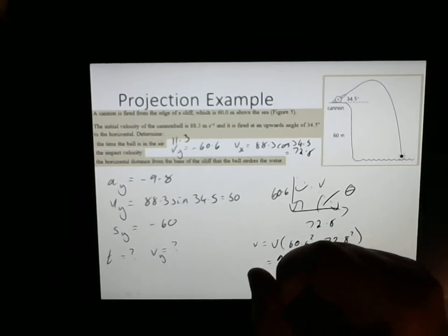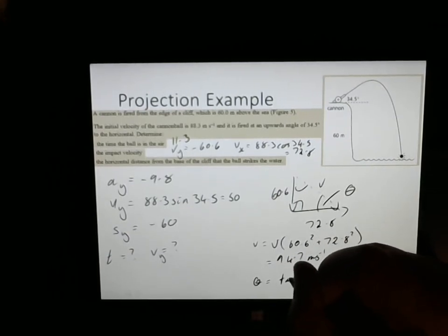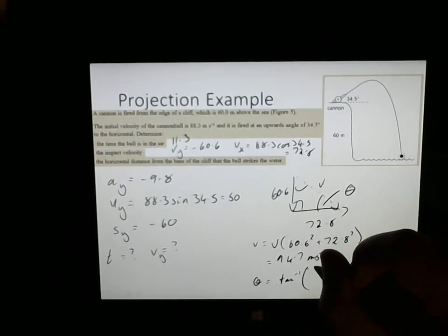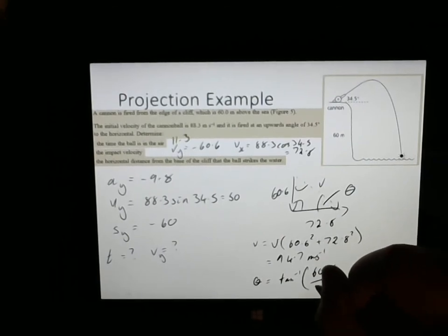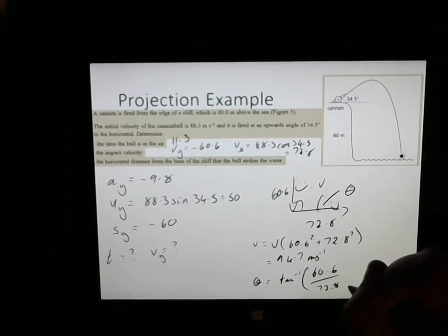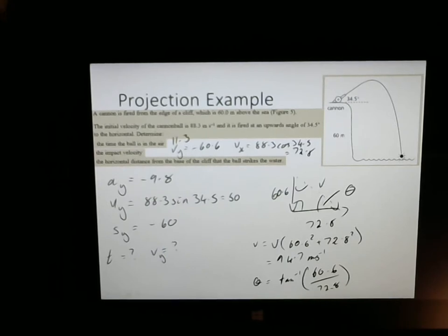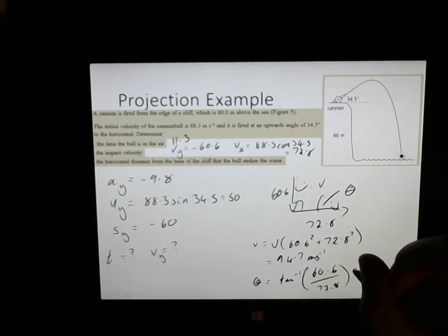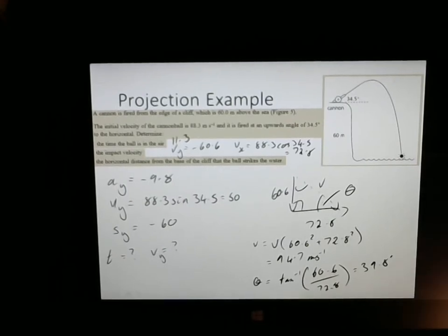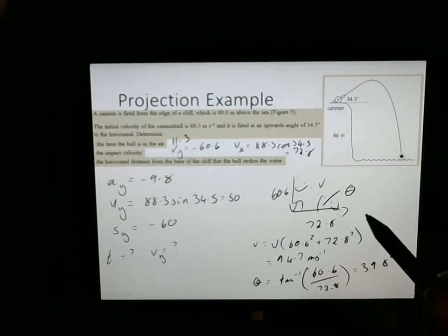The angle is going to equal the arctan of 60.6 opposite over adjacent, 72.8, 60.6 divided by 72.8. I take the arctan of that and I get 39.8 degrees. Okay, now that's that angle in there.